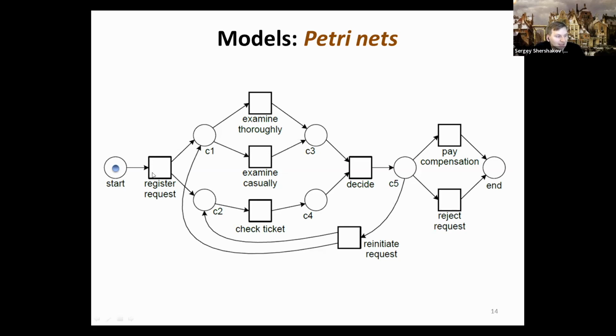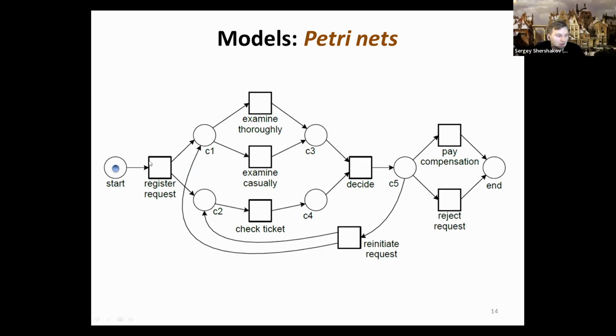When a transition is being executed, we say that the transition is fired. It consumes a resource from any input places, for example here start is an input place for such a transition, and produces new resources to any of the output places. Here tokens represent the current state.